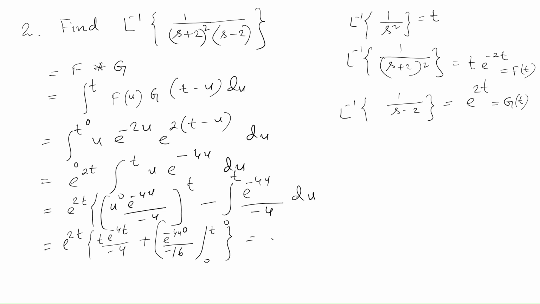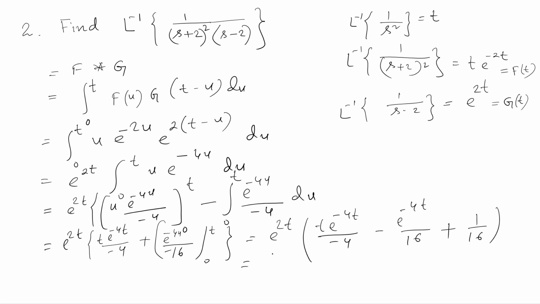So this is e power twice t, and t e power minus 4t by minus 4, and then minus e power minus 4t by 16, and minus minus plus e power 0 is 1, 1 by 16.